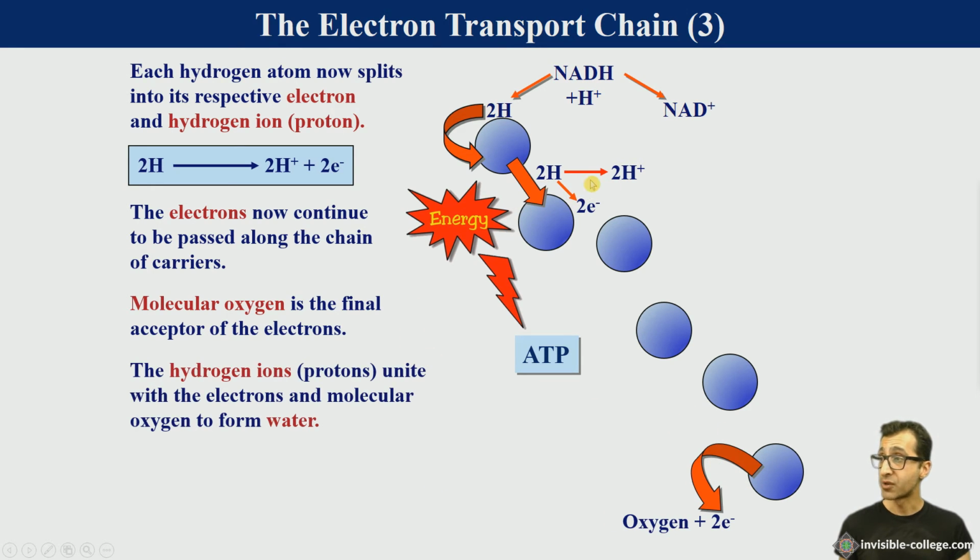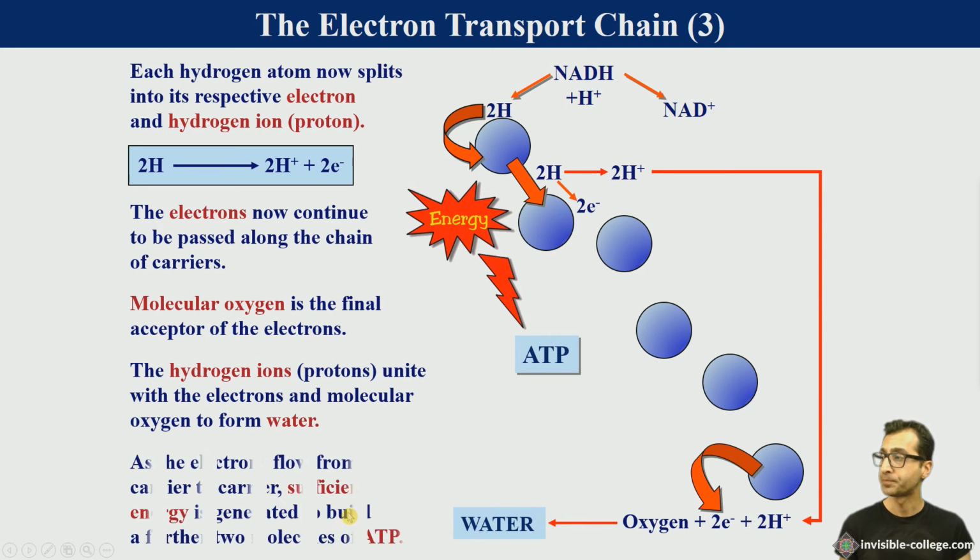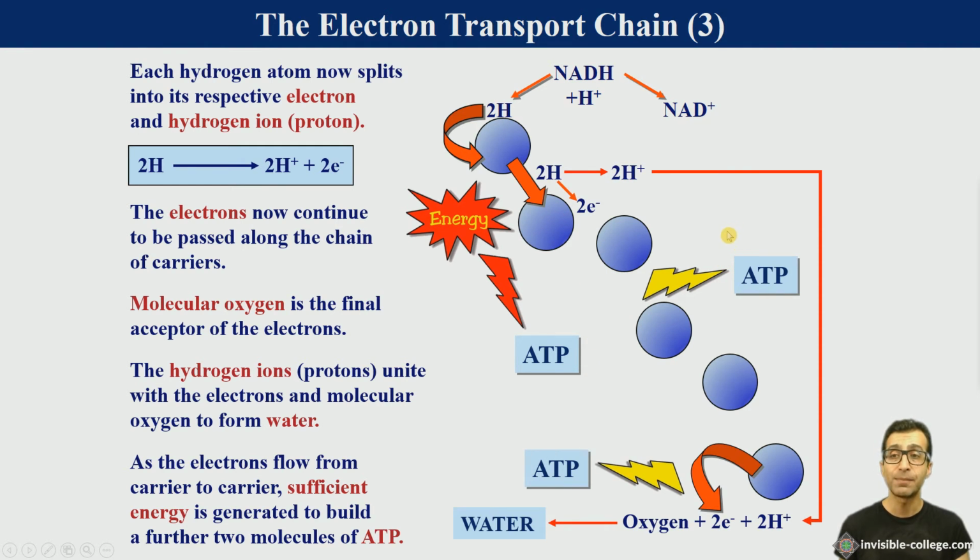Now the hydrogen ions, the protons, will then unite with the electrons and the molecular oxygen to form water molecules at this energy level. As the electrons flow down this chain from carrier to carrier, sufficient energy is released by these redox reactions to build a further 2 molecules of ATP.